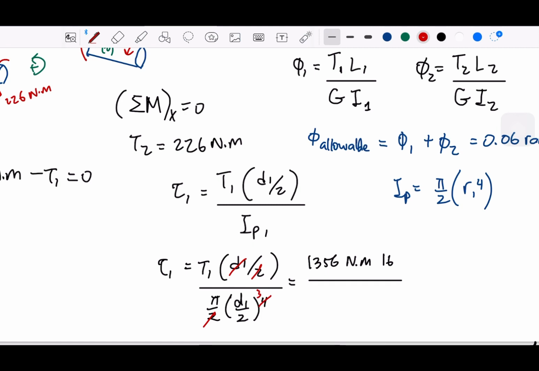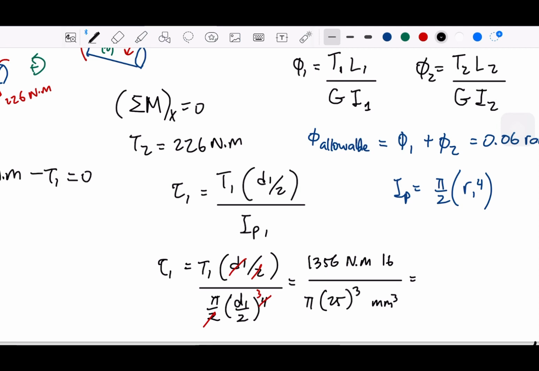Right. And then D1 cube and pi. Or here is 25 millimeter cube pi.